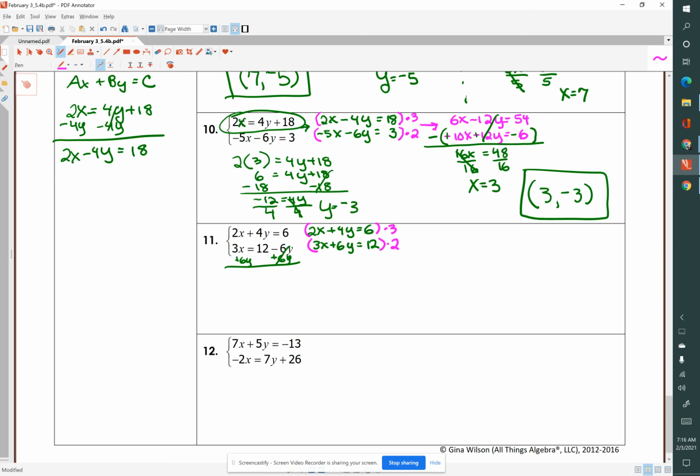And then I'll solve for x. So let's do our multiplication first. 2x times 3 is 6x. 4y times 3 is 12y equals, let me neaten that up a little bit for you.